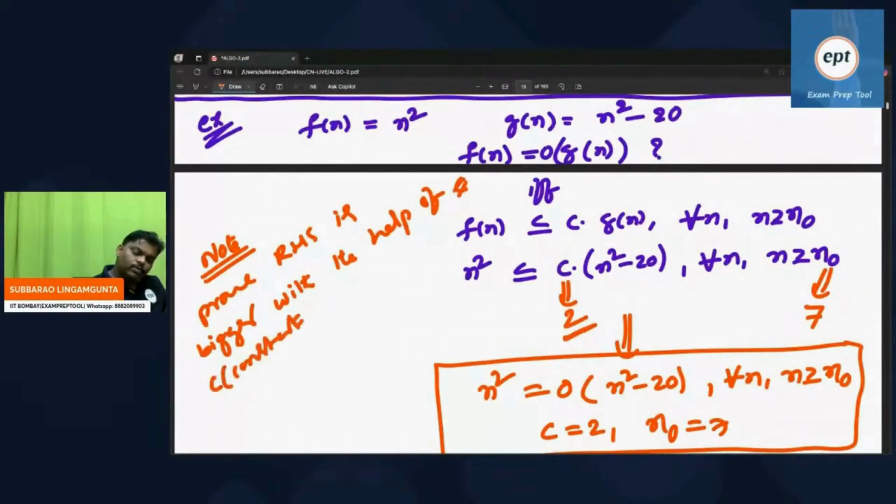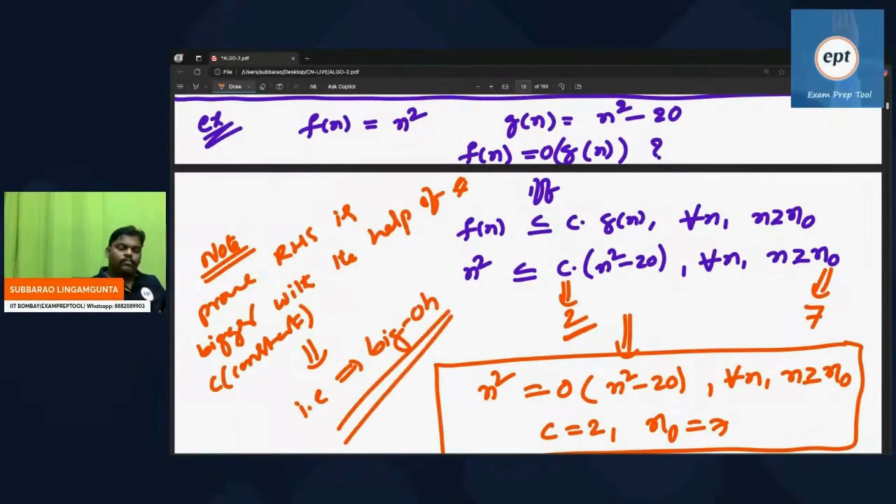That is called big O. That is the meaning of big O: prove the right hand side is bigger with the help of c, which is a constant. That is called big O.